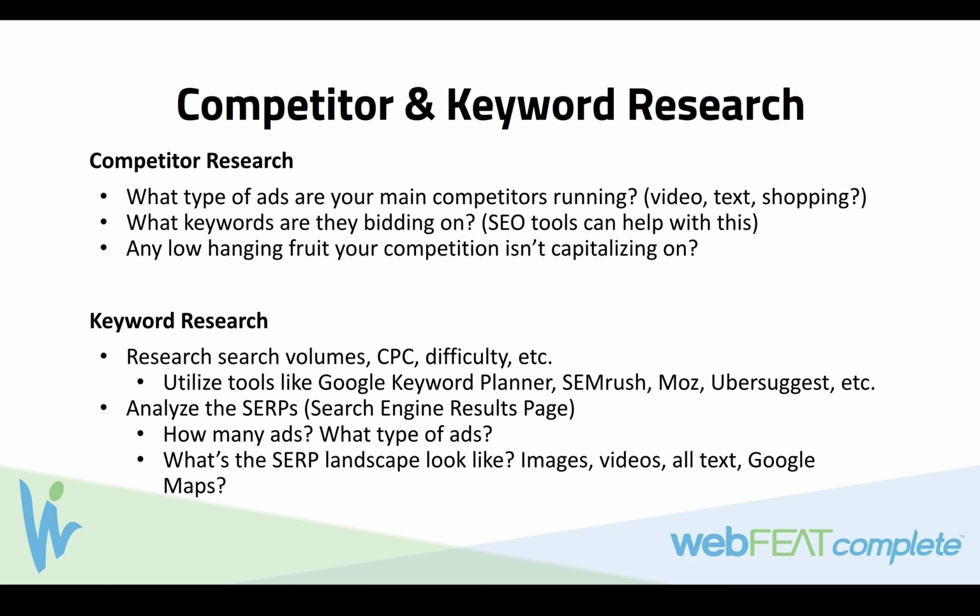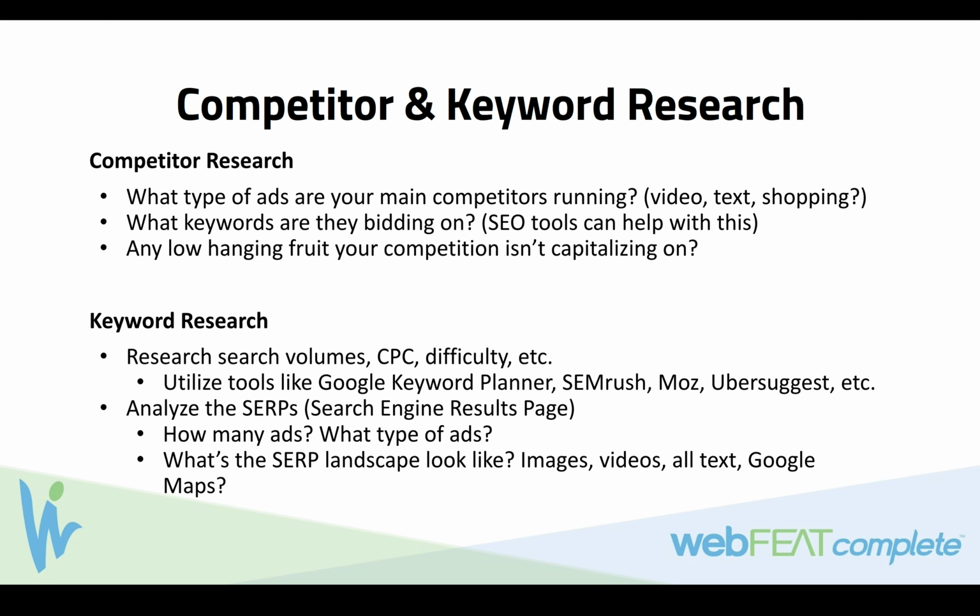So there's tons of tools, which I'll mention a few in a second, that can basically pull all this information for you. So you basically type in some of your main competitors' domains, and then these keyword tools will help you figure out what keywords they're bidding on, so that you can better understand what you're up against.